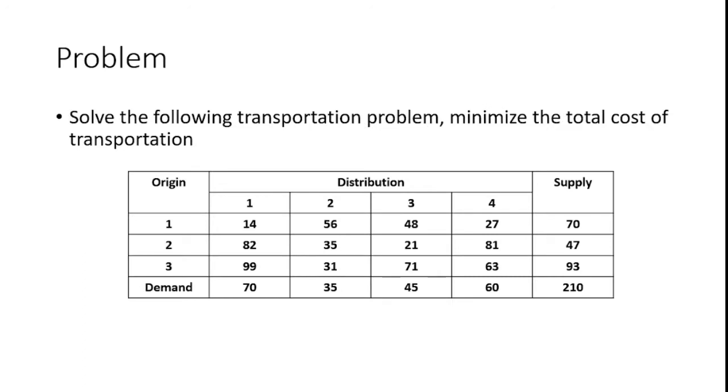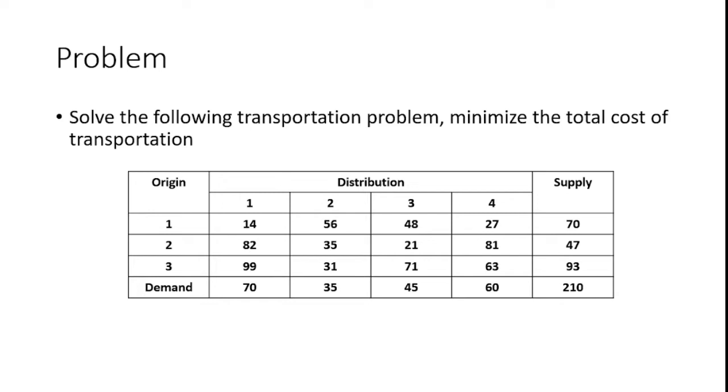The problem for understanding the Northwest corner rule: solve the following transportation problem, minimizing the total cost of transportation. This problem has 3 origins and 4 distribution stations. The origins and distribution stations need demand and supply.